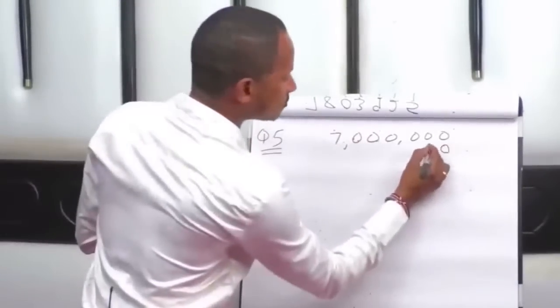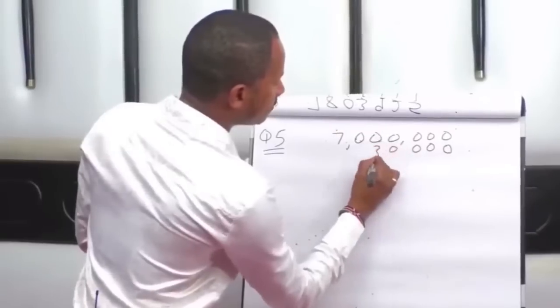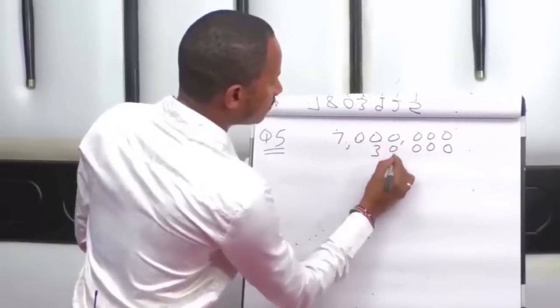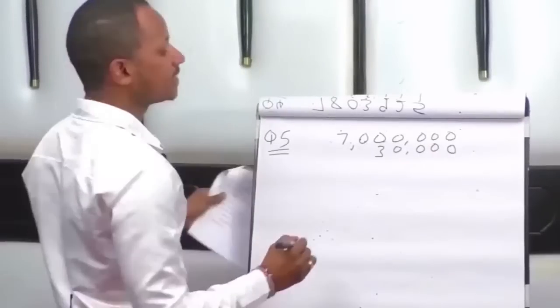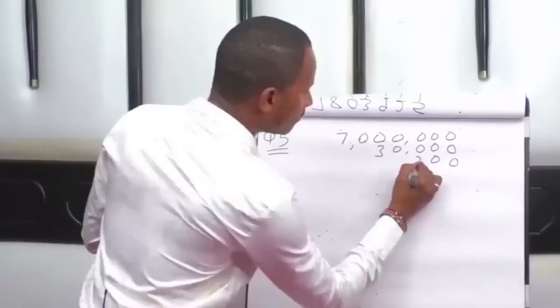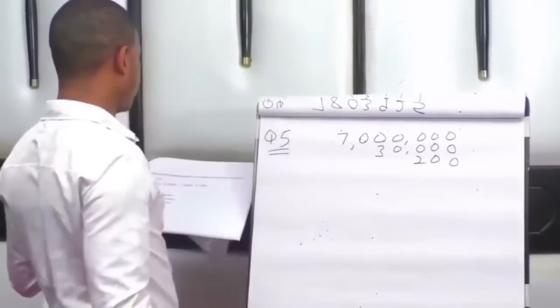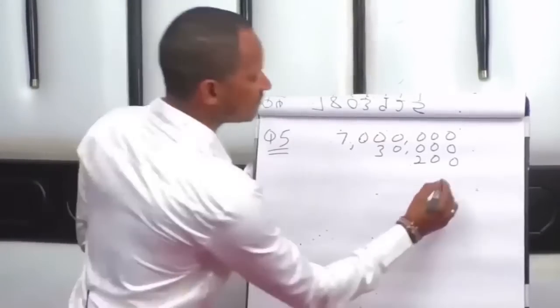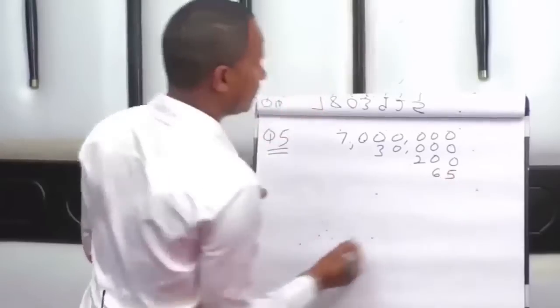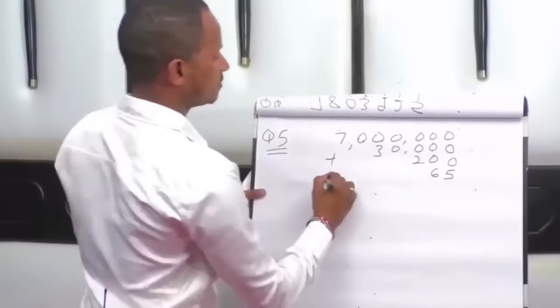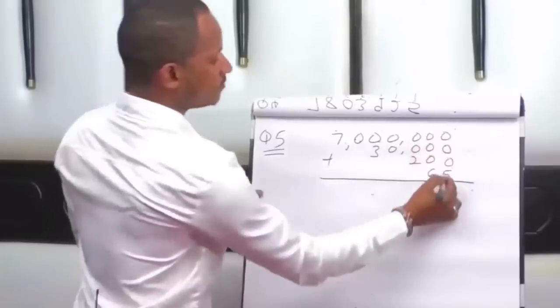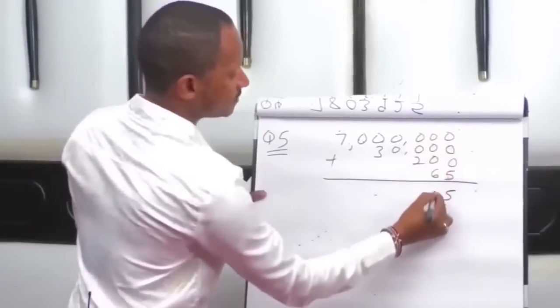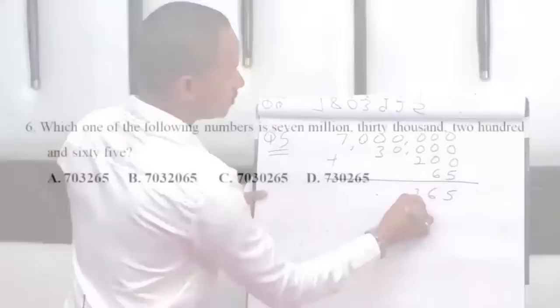30,000. That is 30,000. 200. And 65. So just add these ones. 0 plus 5 is 5. 0 plus 6 is 6. 0 plus 2 is 2.